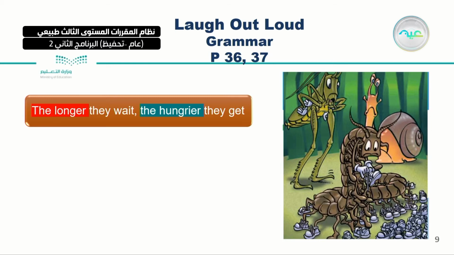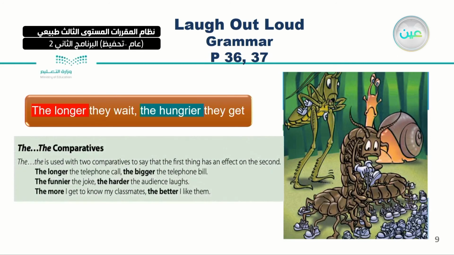Hungrier here is the result of this feeling because they're waiting for a long time. So what I'm talking about is how we can use "the" plus a comparative, and after that "the" again. Here we have "the longer", an adjective, and then we have used another one, "the hungrier". The longer and the hungrier. Let's read together.